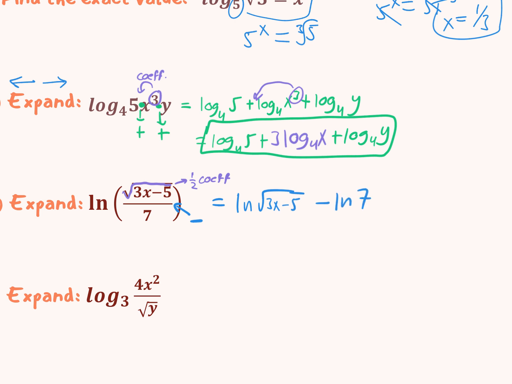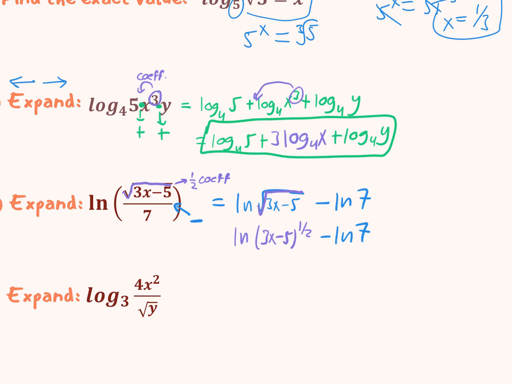All right, so that takes care of our division, and now I want to take care of this square root, right? Remember, square roots can be rewritten as an exponent of a half, right? So I'm going to have ln of 3x minus 5 to the 1/2 minus ln of 7, right? So I didn't expand anything there, I just rewrote it.